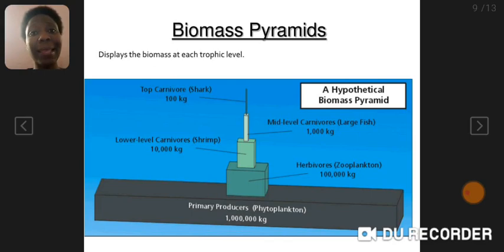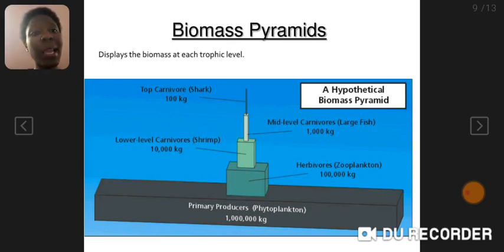of their sizes. Now, the same thing applies to the zooplankton. If you do the same, you'll be getting 100,000 kilograms of zooplankton in that one unit area of the ecosystem.